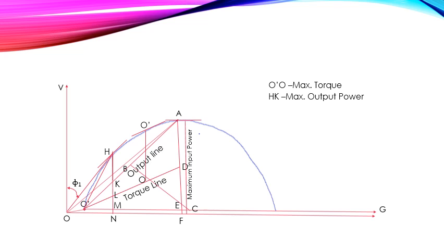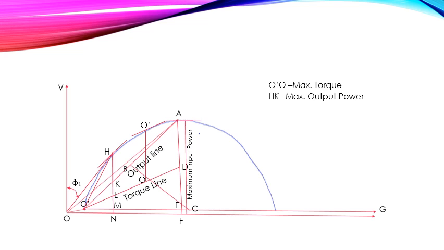Also it will indicate the total losses. EF indicates the no load losses, that is fixed losses. Then AD is rotor copper loss, and DE is stator copper loss, right? So the points HK, then HL, HM and HN.